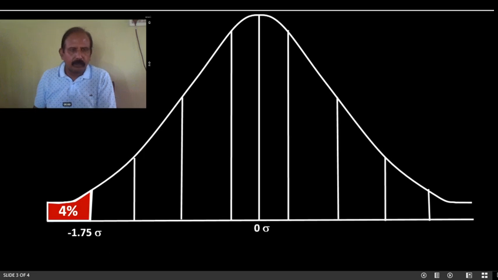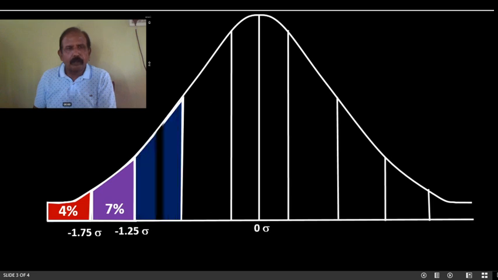After this 4% lowest, 7% of the observations are found between minus 1.75 sigma to minus 1.25 sigma. And after these 11% of the observations, 12% of the observations are found between minus 1.25 sigma to minus 0.75 sigma. The values of these 12% of the observations are more than those of the 11%.